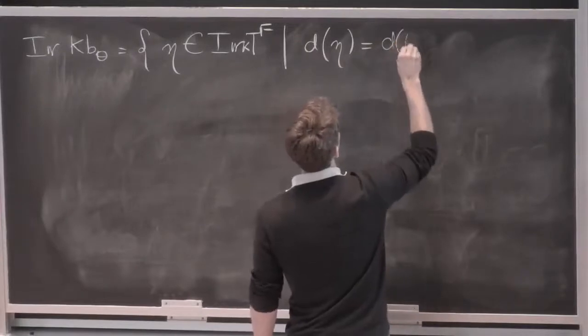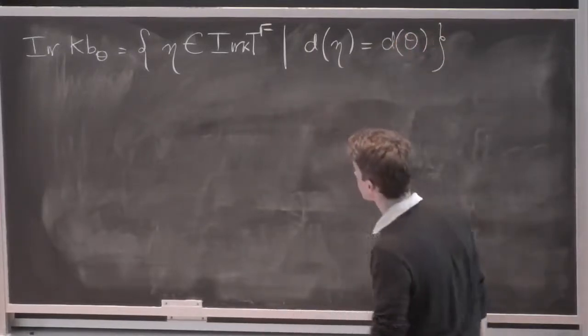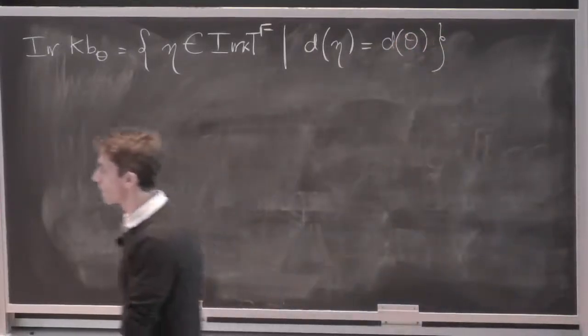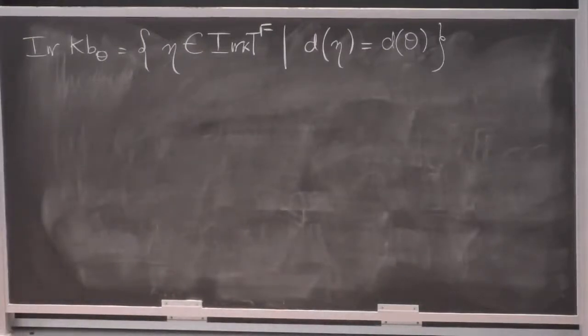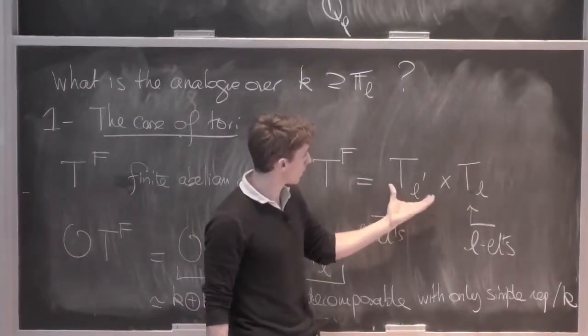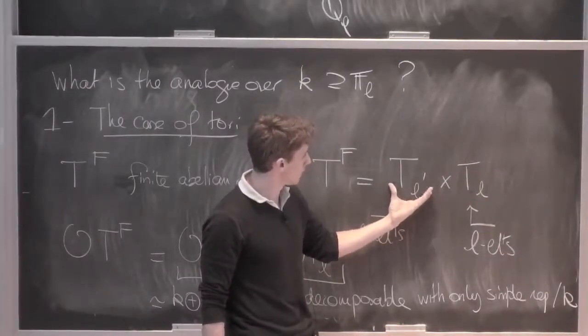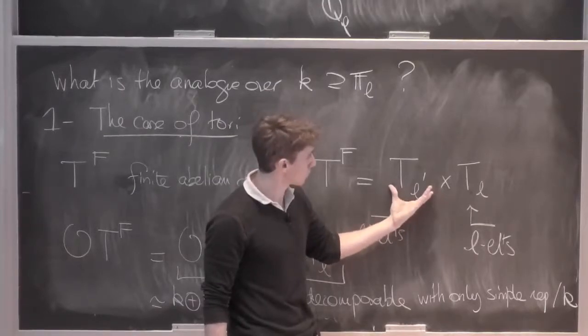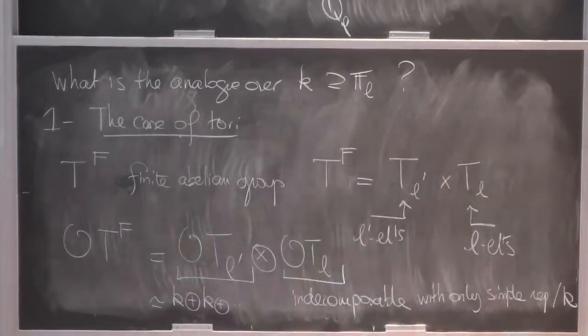If you have this abelian group and a character of dimension 1, a linear character, what happens when you pass modulo L is that all the L-power roots of unity become 1. So what really matters is just the restriction to these L prime elements, just the restriction to this group. So it's exactly equivalent, having this equality and this one.